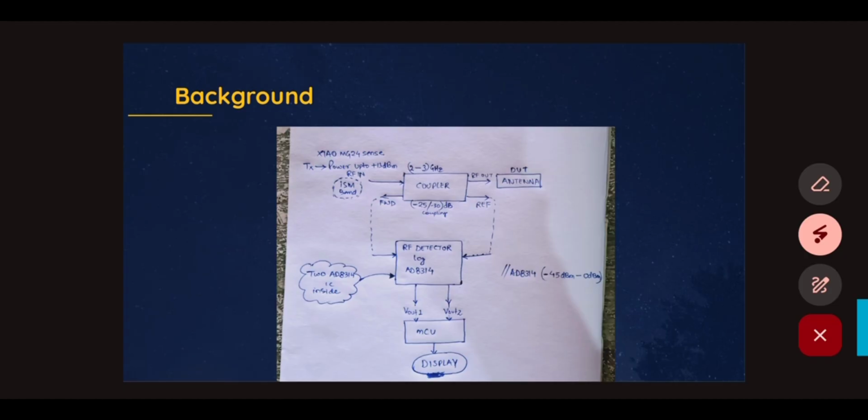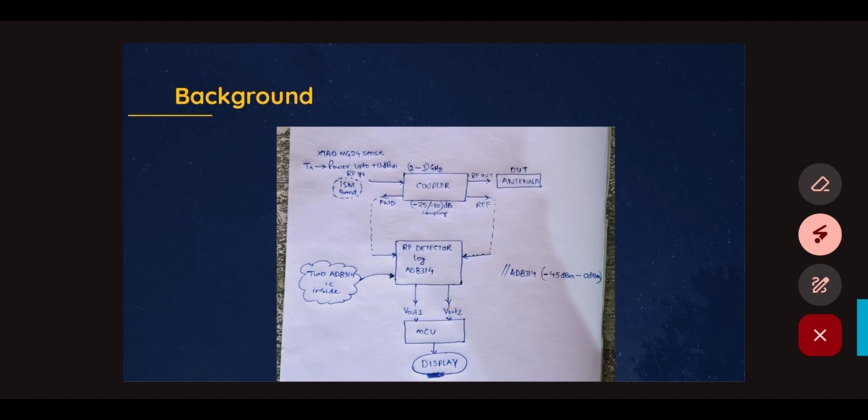We are using two AD8314 ICs here, and each will develop some voltage depending on the RF amplitude. We are going to read that voltage using any microcontroller of our choice, for example an Arduino Uno, through its analog pin, and we can project the values on the display.